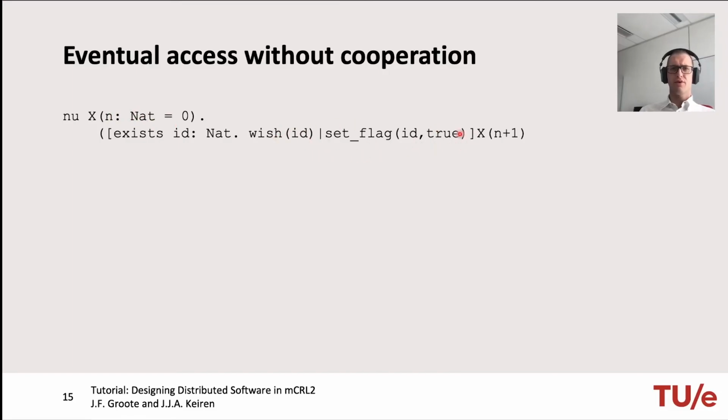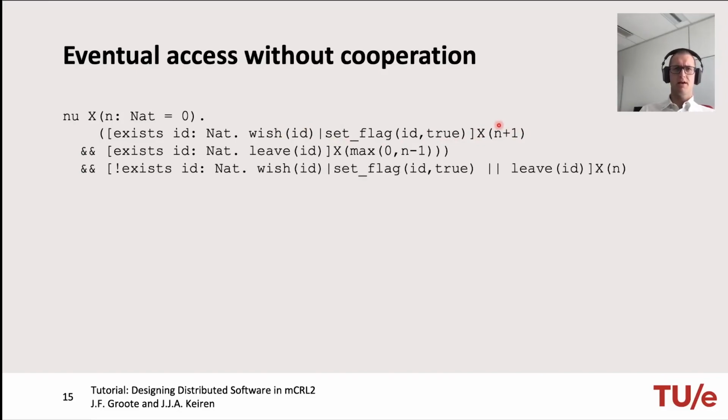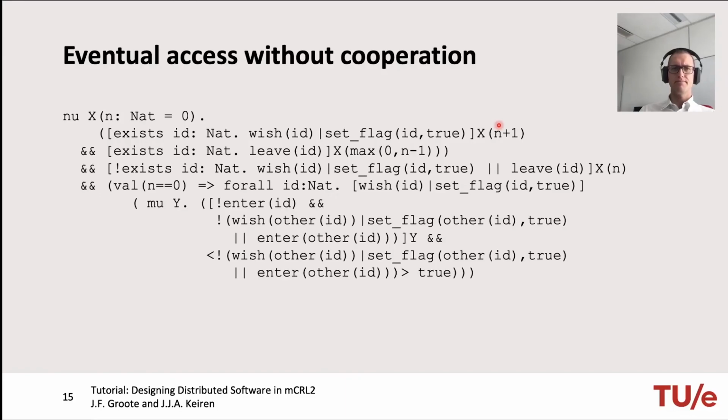Whenever a process requests access to the critical section, we increment n. Whenever it leaves the critical section, we decrement. And for any other step, the value of n just stays the same. Now, whenever the value is 0, so that means no process has requested access to the critical section, we would like a process that requests access to its critical section to be able to enter the critical section without cooperation of the other process.